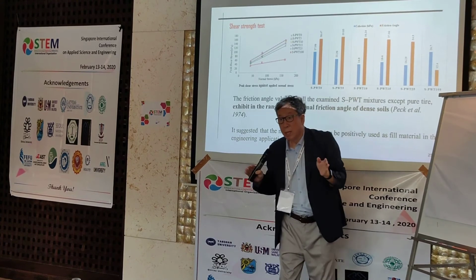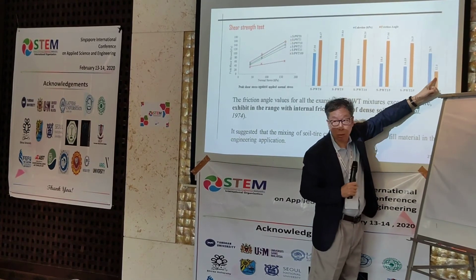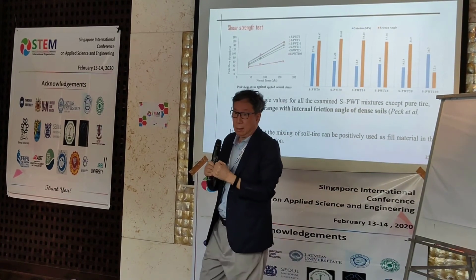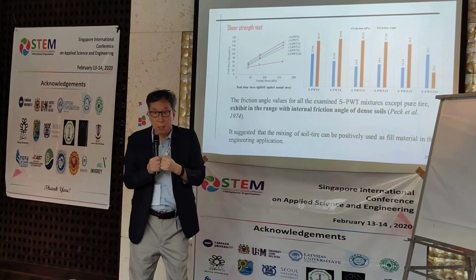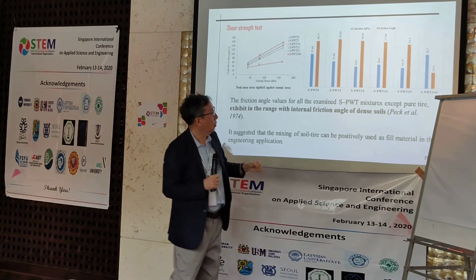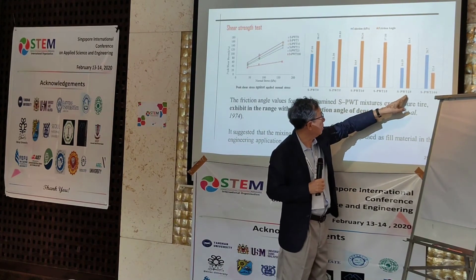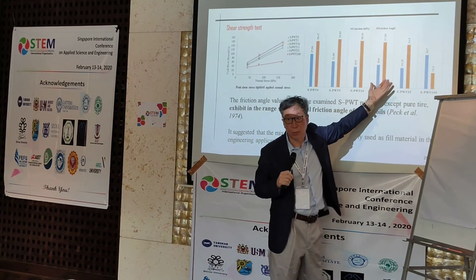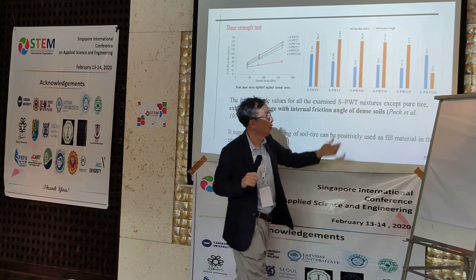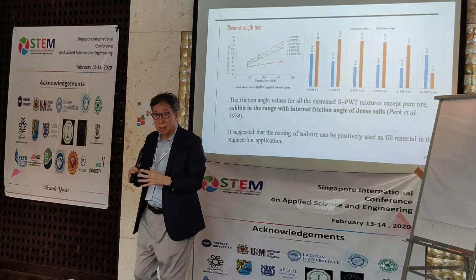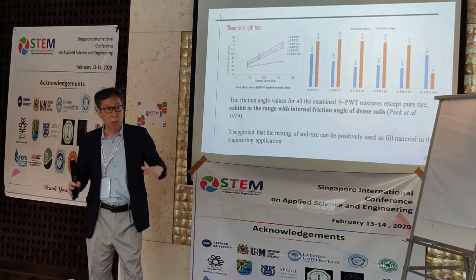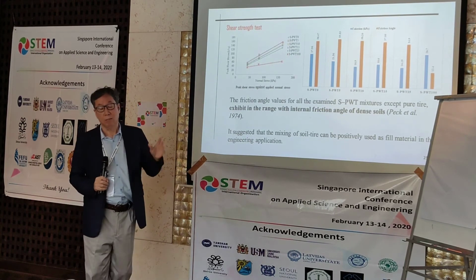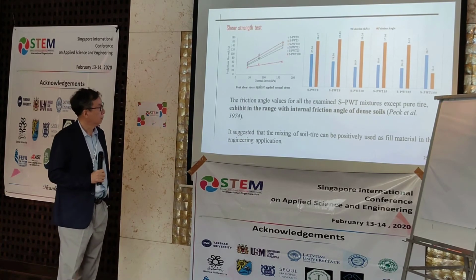If it is more than 30, like sand, sand has a very good friction angle. So I can say that even when I mix with almost 25% of tires, it still shows pretty good engineering capacity. So I don't worry, even though I mix tire with soil, there is good capacity for bearing against the settlement of the facilities. Next.